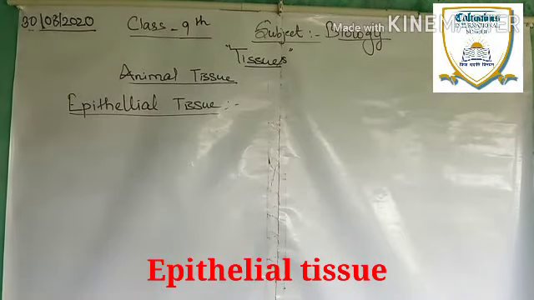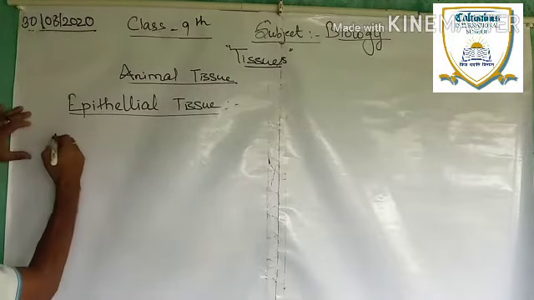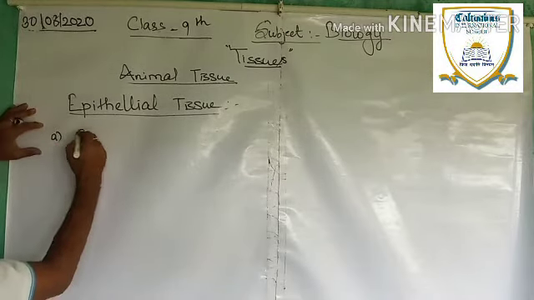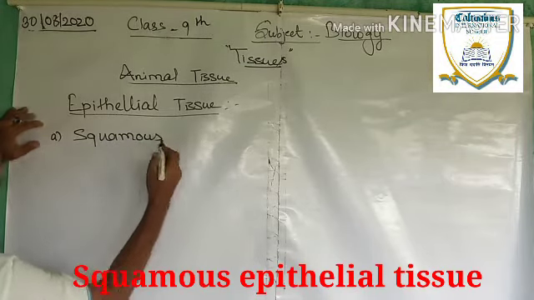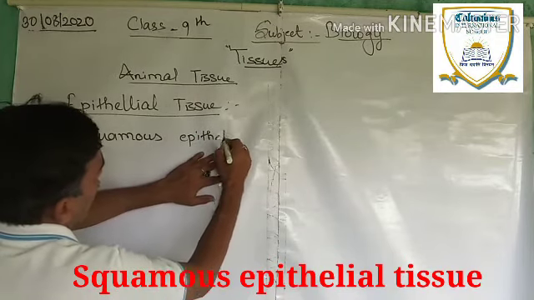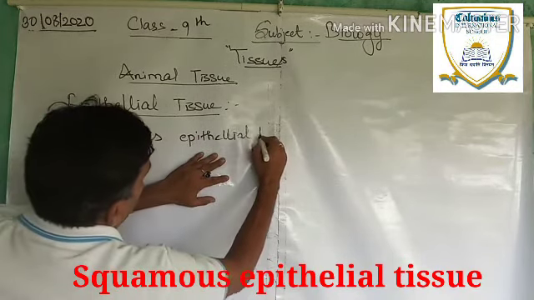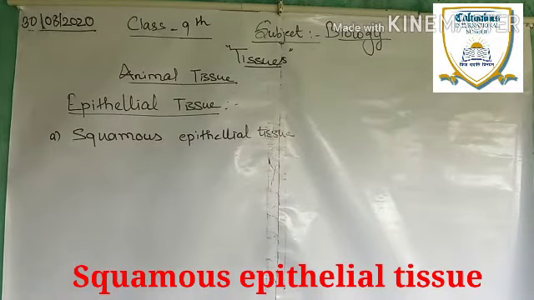For example, squamous epithelial tissue. Squamous epithelial tissue, as the name indicates, it is squamous.